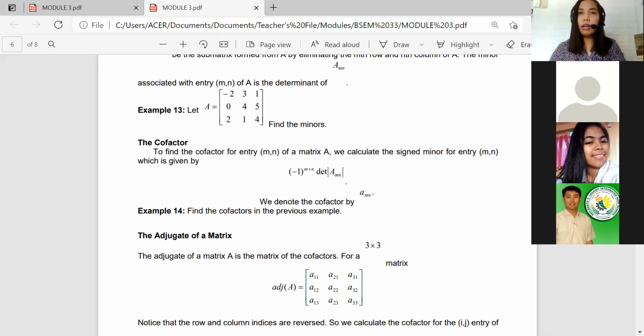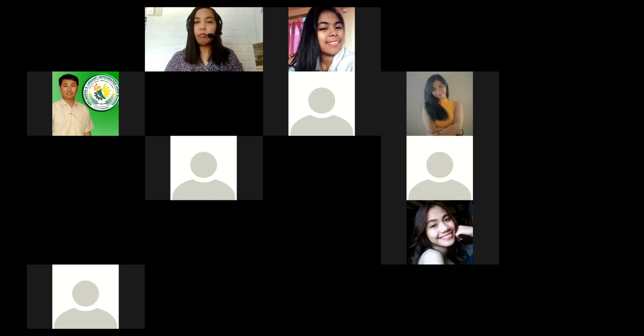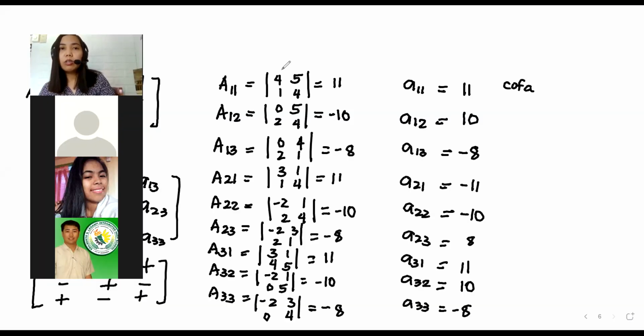Okay, so when we get the adjugate of the given matrix, kung gusto nyo, isulat nyo na muna ang cofactors. So ang cofactors natin class, so this is minors. This is the cofactors.